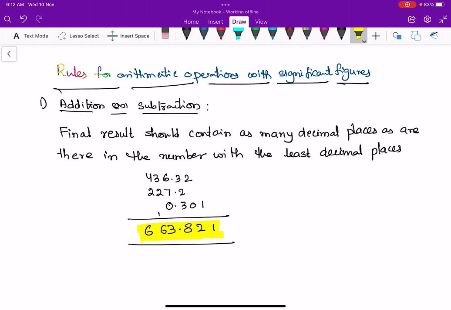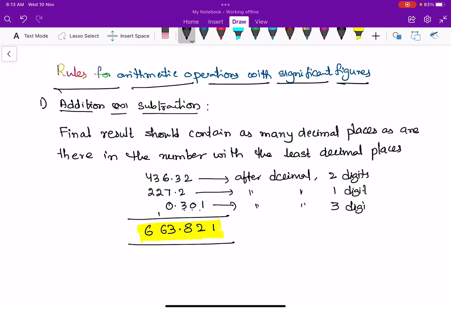But according to the rules of arithmetic operation and significant figures, let us see how many decimal places there are. Two digits after the decimal here, one digit here, and here 1, 2, 3, three digits.